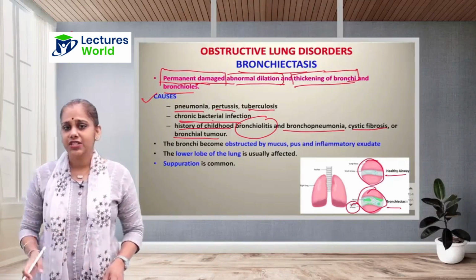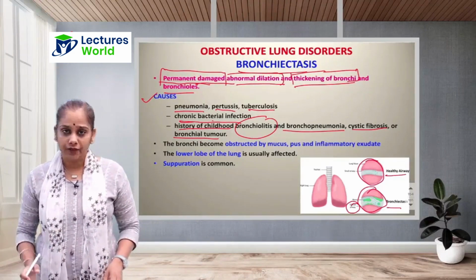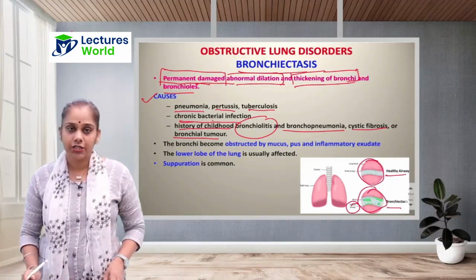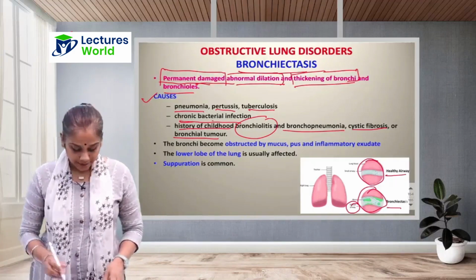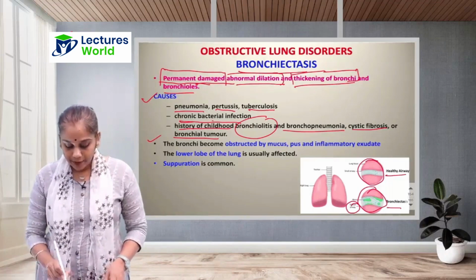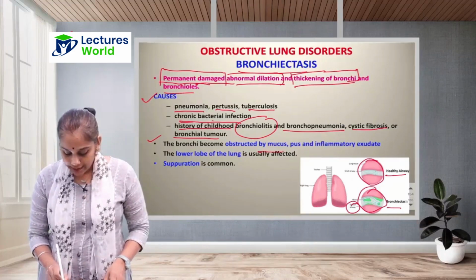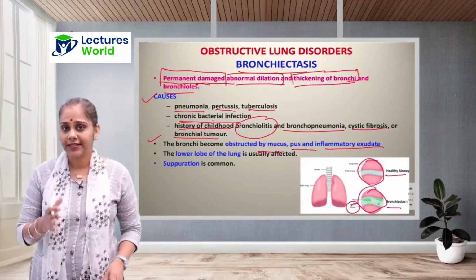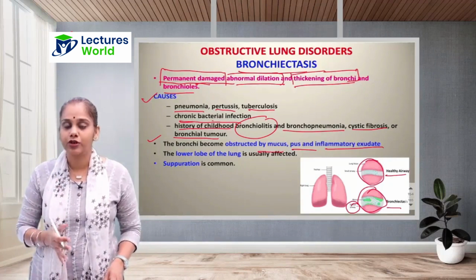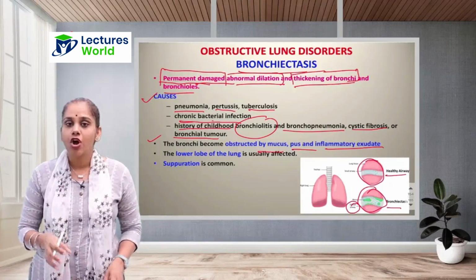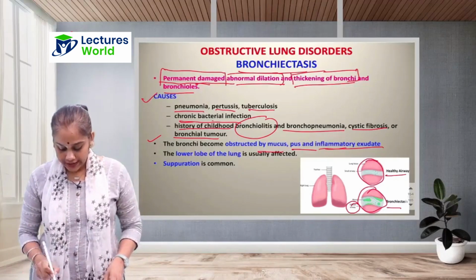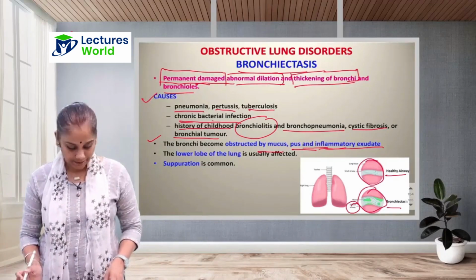This condition can cause secondary infection, like permanent damage or permanent dilatation of the airways. The bronchi become obstructed by mucus, pus and inflammatory exudate. The airway is obstructed because of more mucus secretion or plugging of mucus, inflammation, or pus secretion.